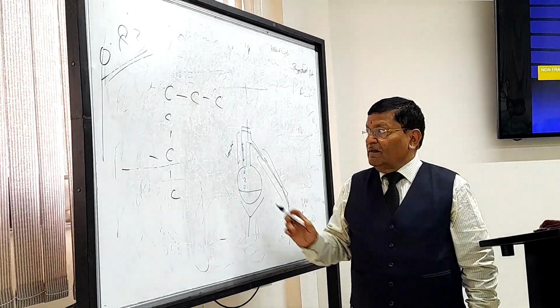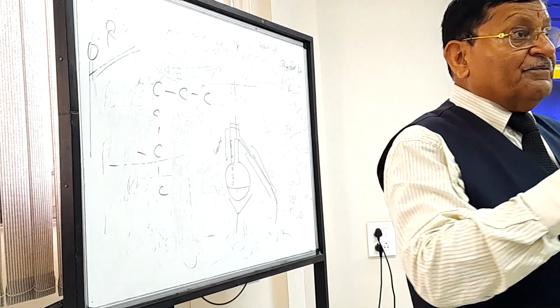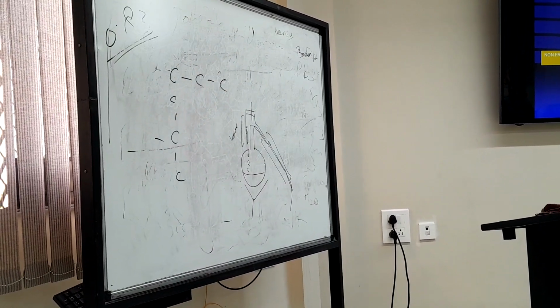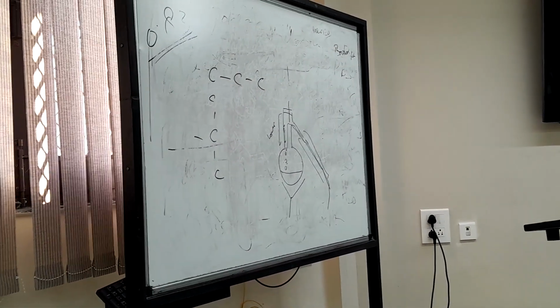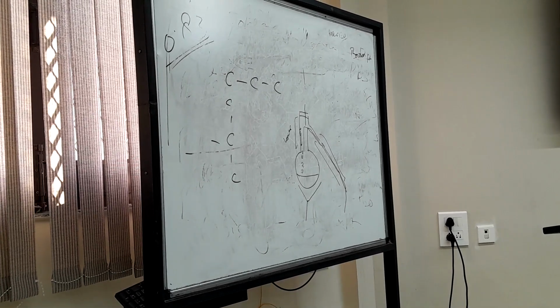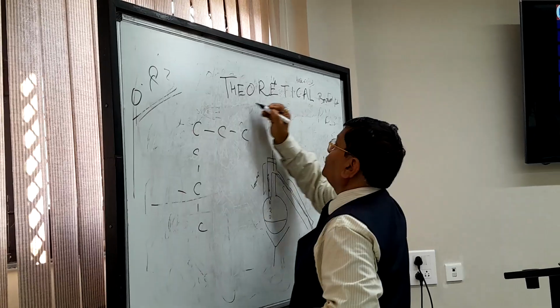Correct? This is one theoretical plate. In non-fractionating distillation, there is no theoretical plate or only one theoretical plate. What is a theoretical plate? When the liquid and vapors rise upwards.